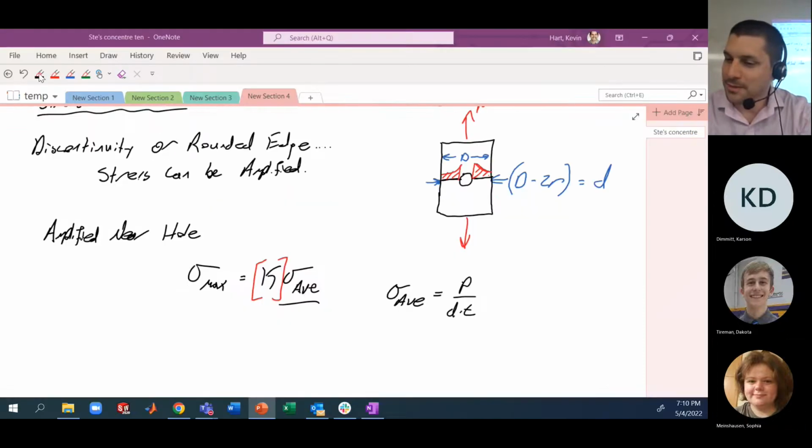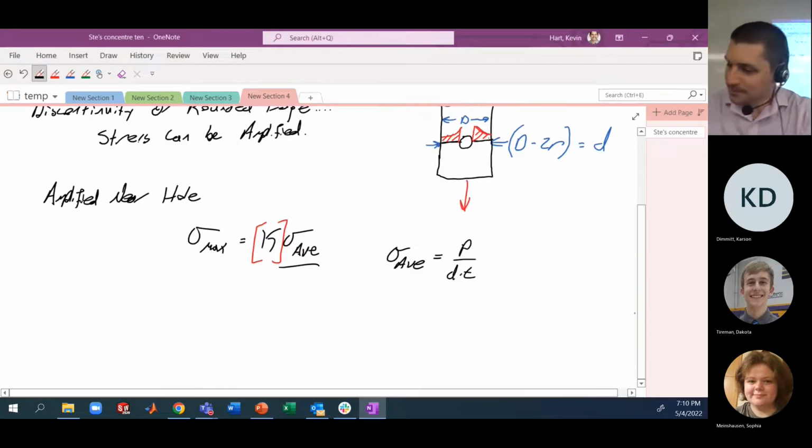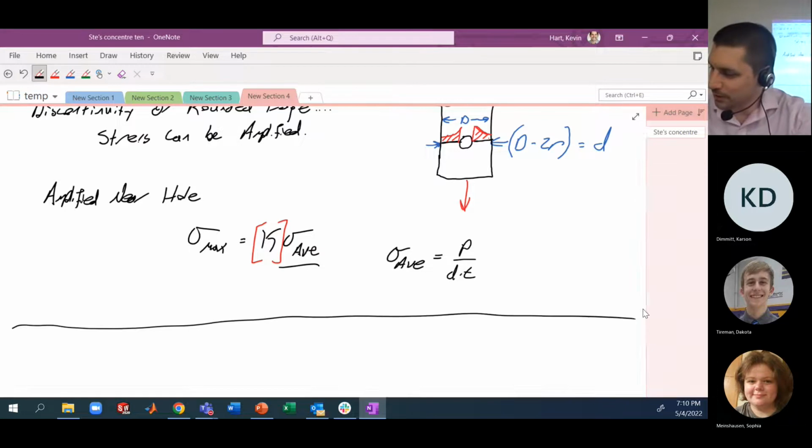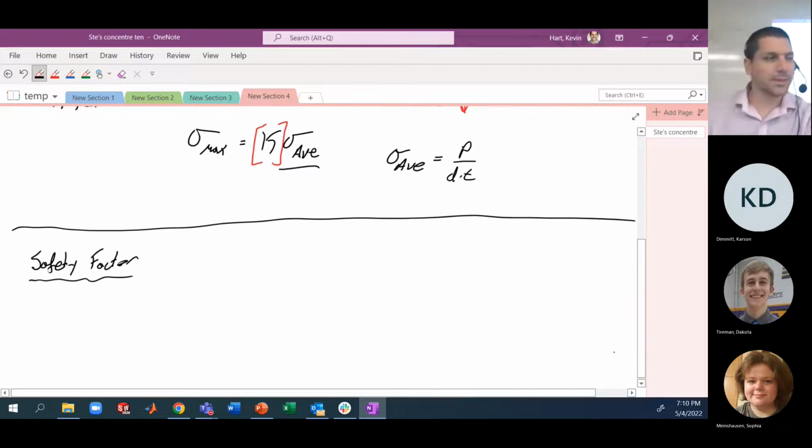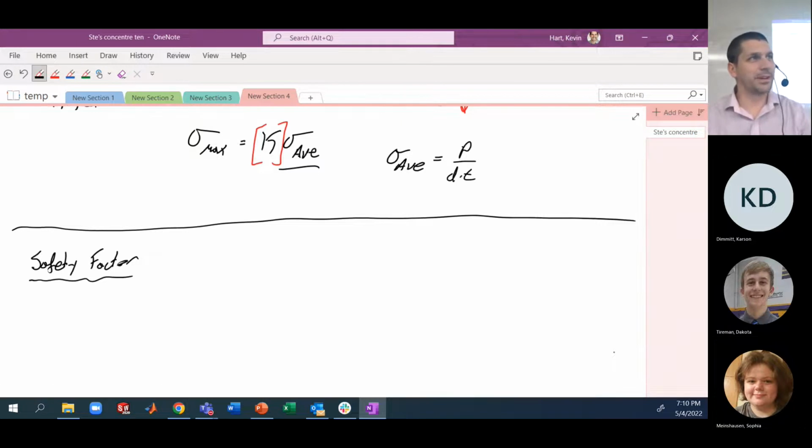All right, that's that. Next, we talk about safety factor. I'm going to try to do a quick review here. A safety factor is just a number that's used in engineering design to help you protect against failure.